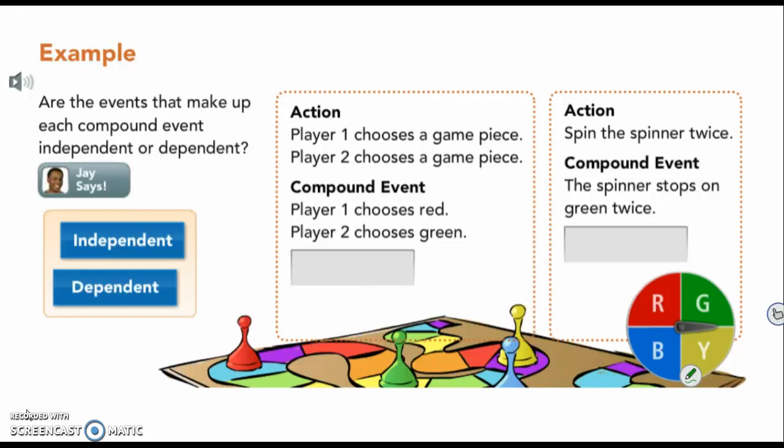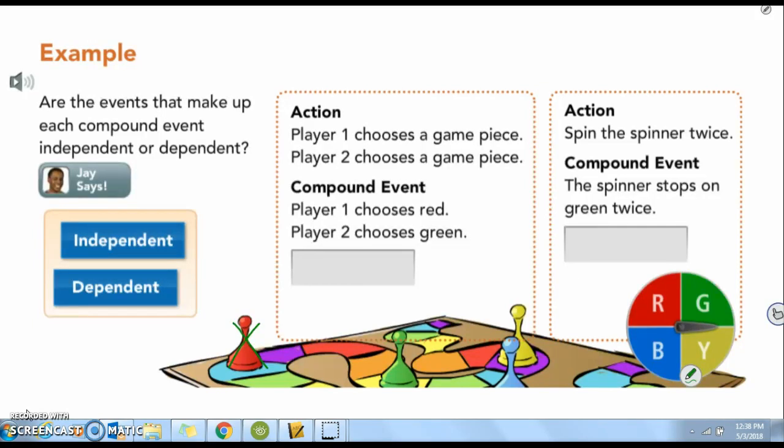For the first example, once player 1 chooses a game piece, there's 1 less game piece for the players to choose from. So if the first player chooses a red, that red is no longer an option. So then there are only 3 possible outcomes. This would be dependent. Player 1's choice affects player 2's choice.